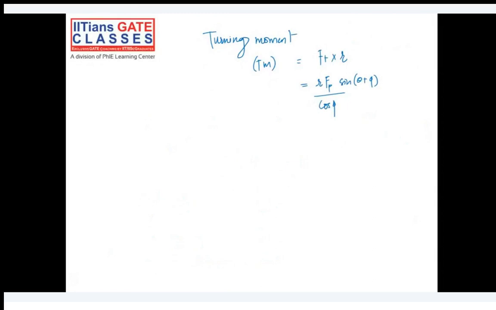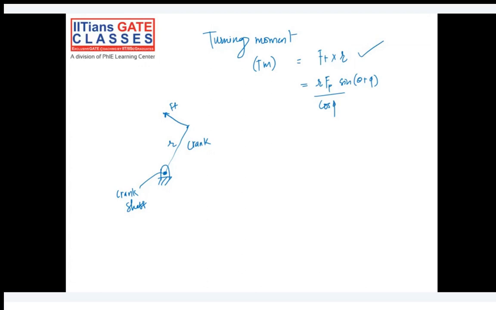This is our crankshaft, and this is our Ft. This is our crank, which has a length r. So turning moment is equal to Ft into r, and we already calculated Ft, which is Fp by cos of phi into sine of theta plus phi.